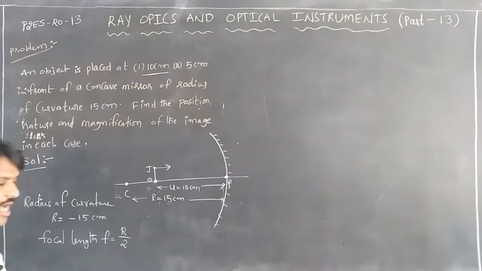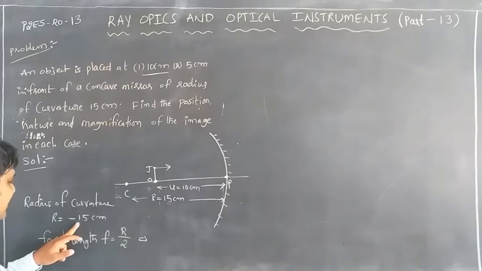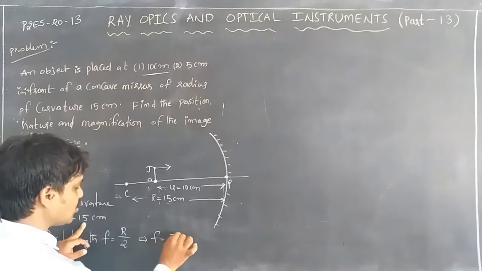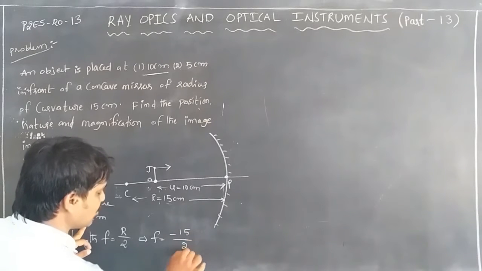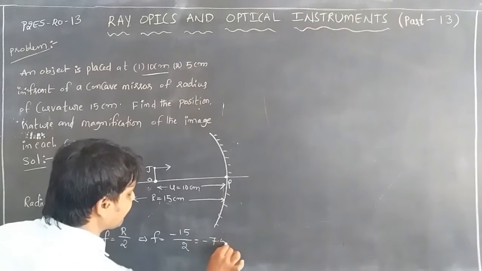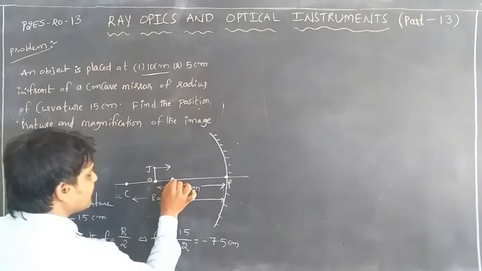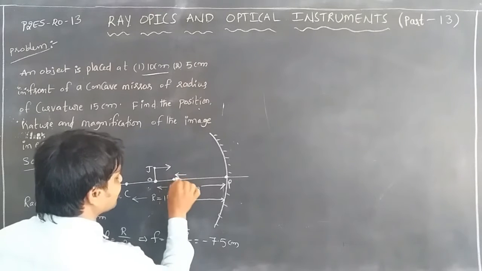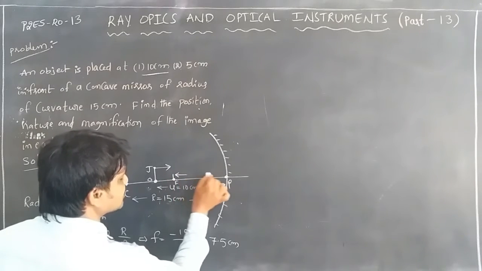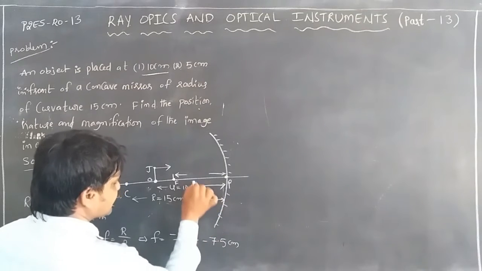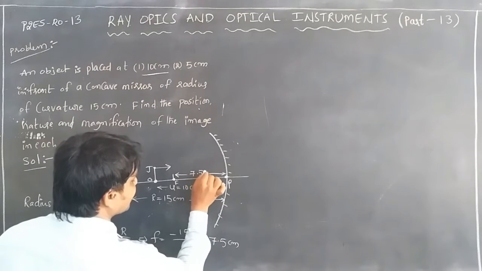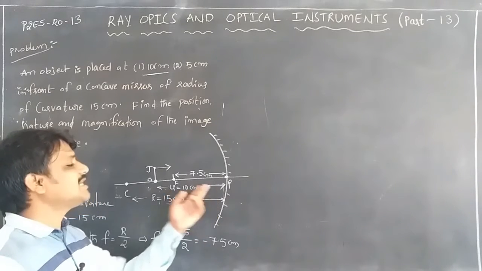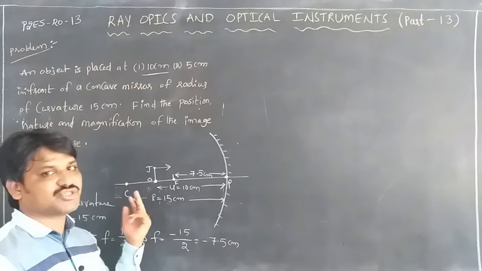So f is equal to minus 15 by 2, that is minus 7.5 centimeters. This is the distance between the principal focus and the pole, 7.5 centimeters. The minus sign indicates that it is in the direction opposite to the incident light ray.